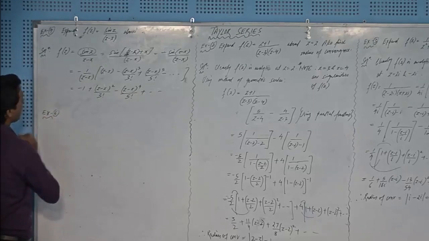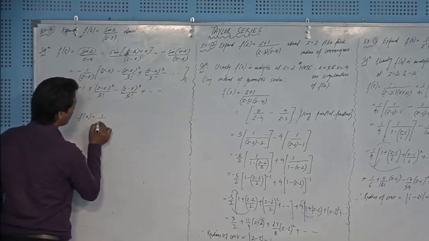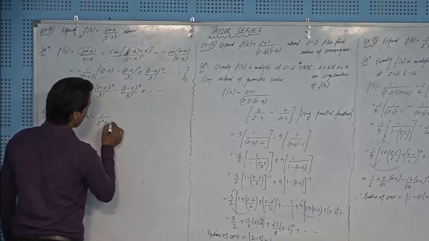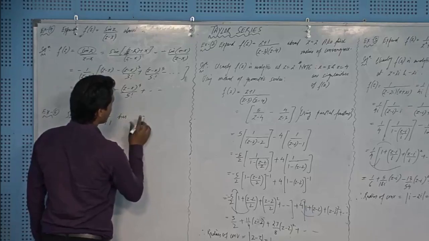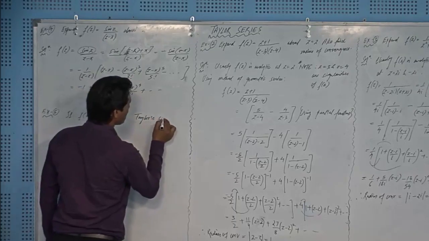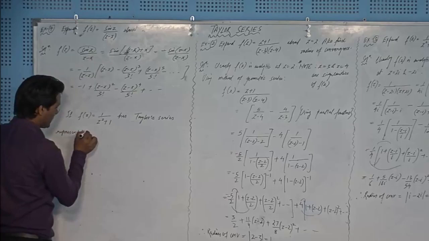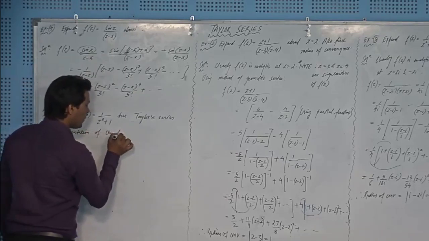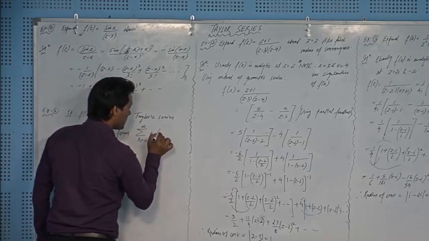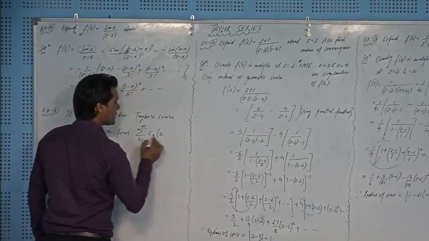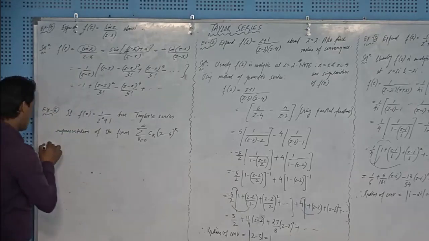If f(z) equal to 1 over z squared plus 1 has a Taylor series representation of the form summation k equal to 0 to infinity c_k (z minus a) to the power k, then find the radius of convergence.